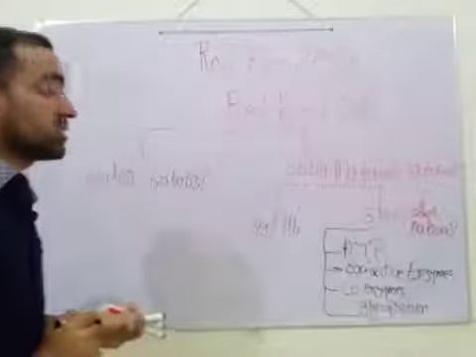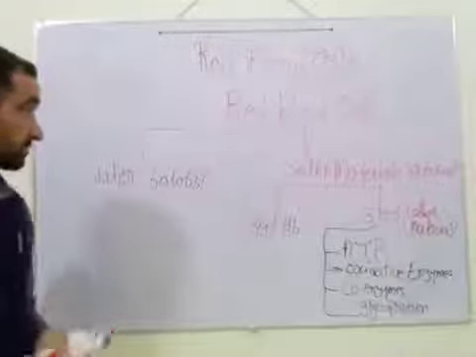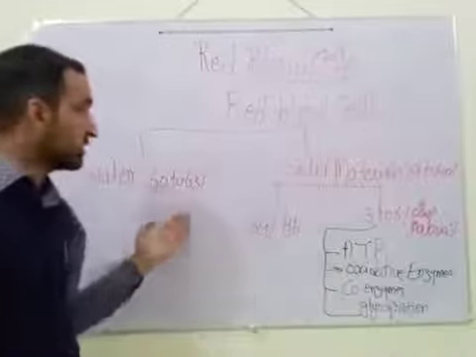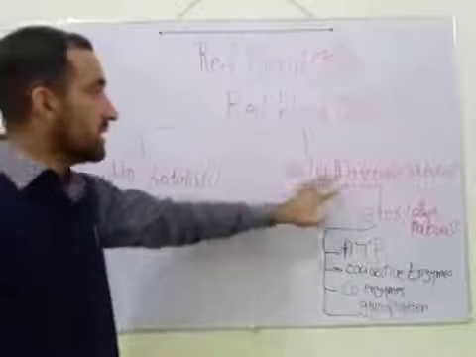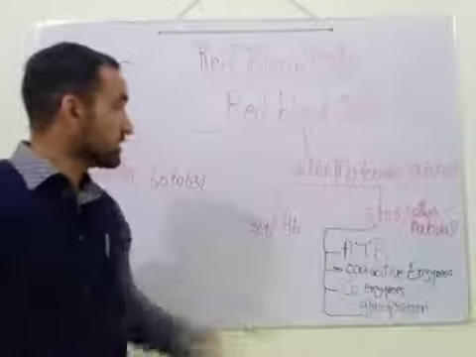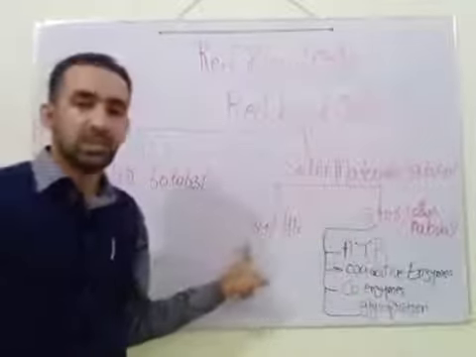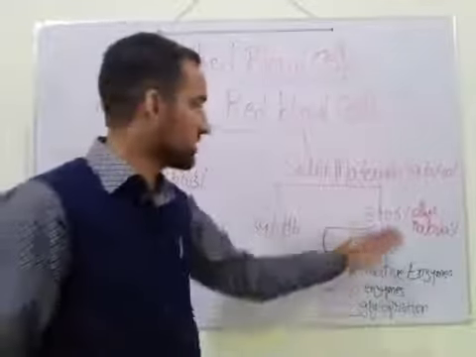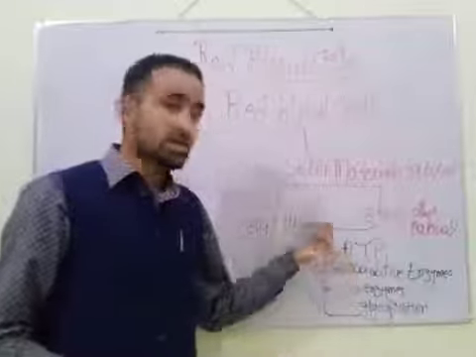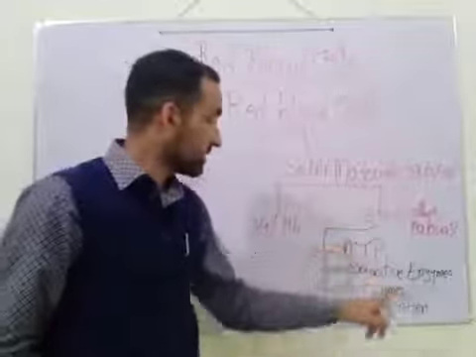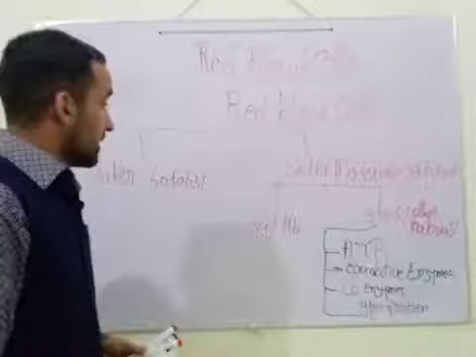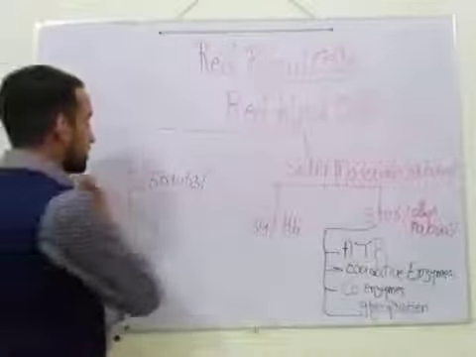This is the composition of red blood cell. Again, listen: red blood cell composition is about 60 to 63% water, and the remaining 37 to 40% is solid material. In solid material, 34% is hemoglobin, and the remaining 3 to 6% is other material. And what does the other material consist of? It consists of phosphate, ATP, oxidative enzymes, coenzymes, and glycoprotein. This is the composition of red blood cell.